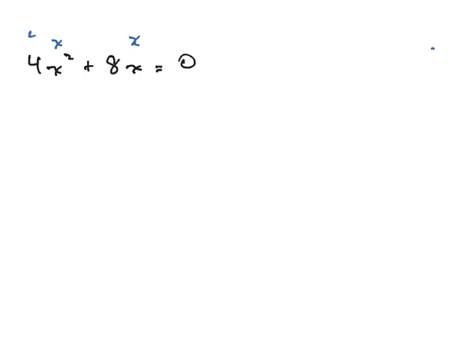Also, this term over here has a 4, and this 8 is a 4 times 2. So I could take this 4 as well. So both terms have a 4 on it. So now I know every term in my equation has a 4 and an x.